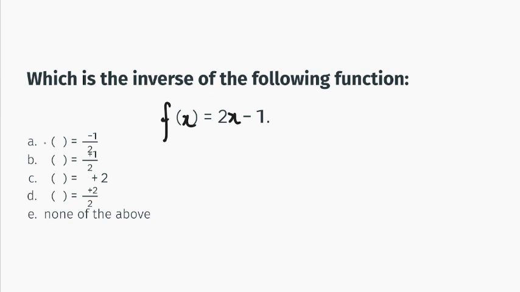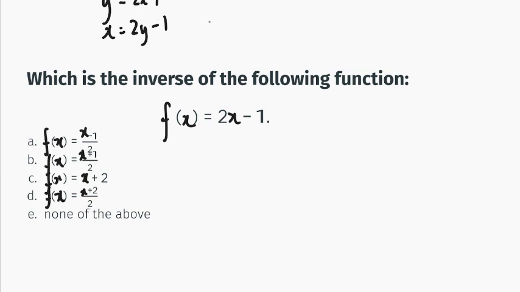Actually 2x minus 1. So some of the variables did not load. So what is the inverse of the following function? To get the inverse, we substitute f(x) with y, and then we swap the roles. So we want x to be the y and y to be the x.